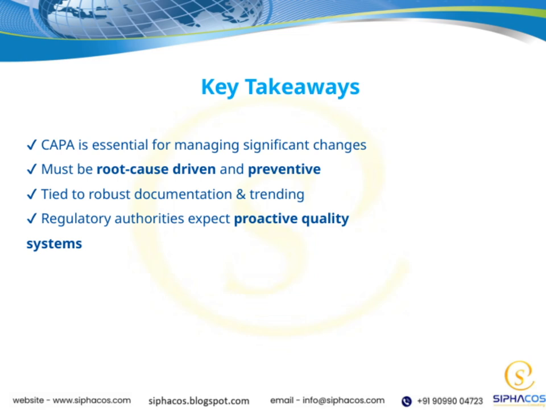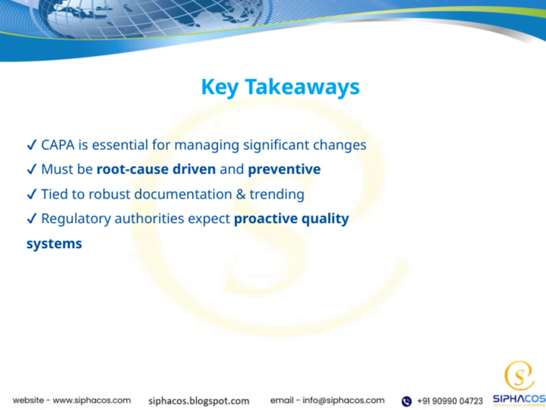Third, robust documentation and trending are vital components. Keeping thorough records and analyzing trends over time enable us to identify patterns and potential risks before they escalate. This ties directly into maintaining a strong quality system. Finally, regulatory authorities expect us to be proactive in our approach to quality management.